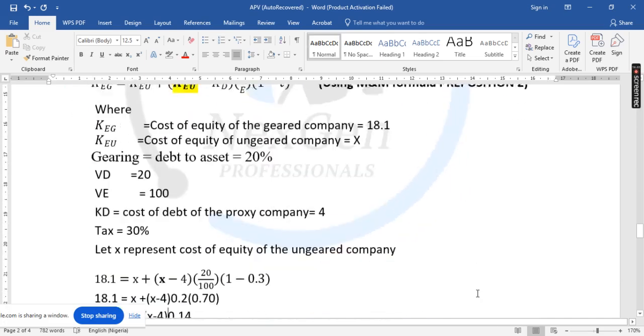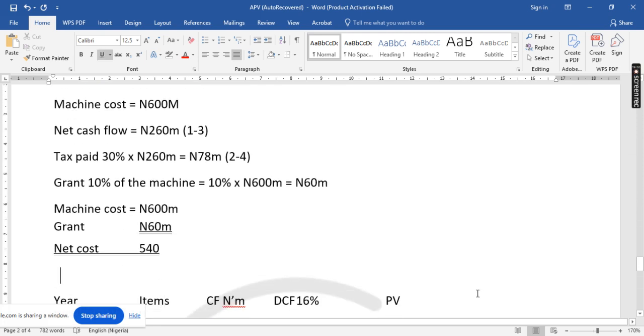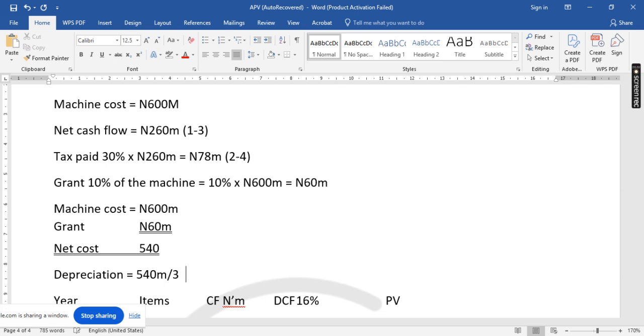Net cost. So the depreciation is actually allowed. That is the capital allowance. So the depreciation is equal to the net cost, 540 million, divided by the number of years.